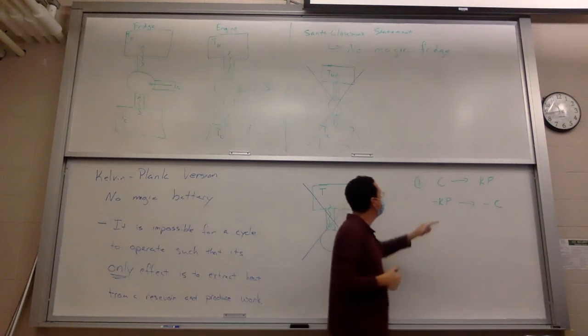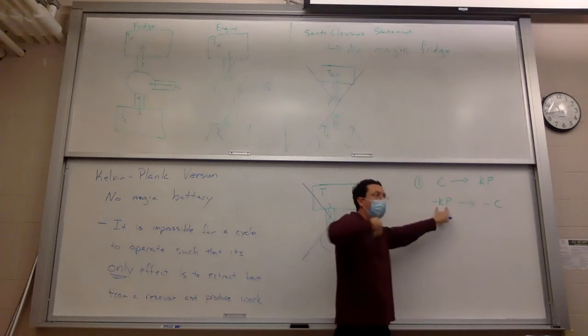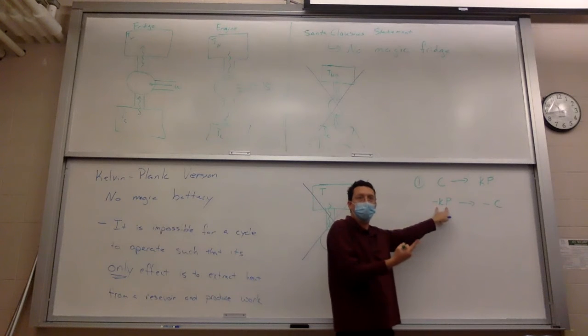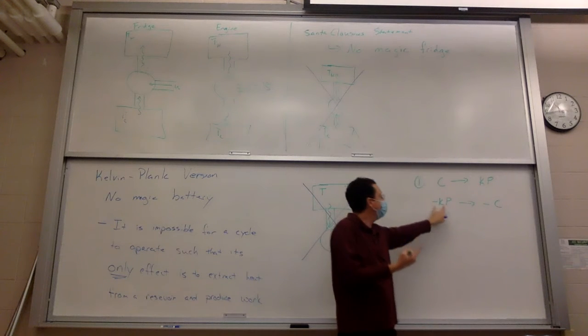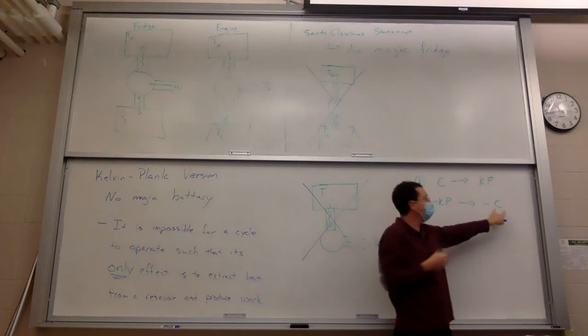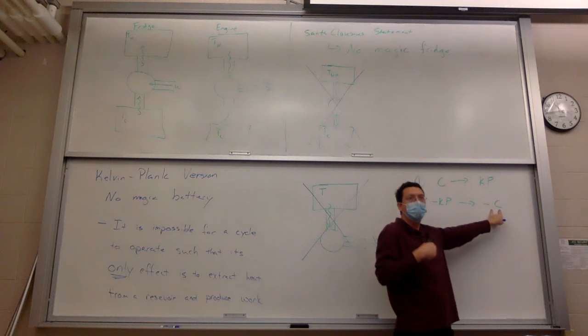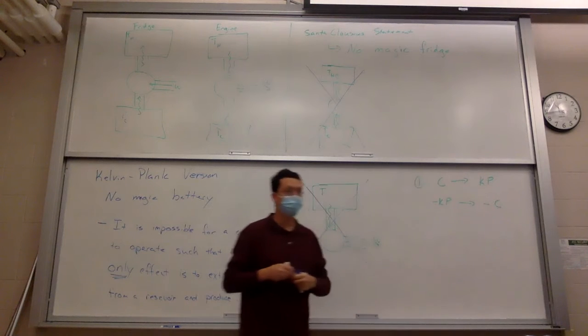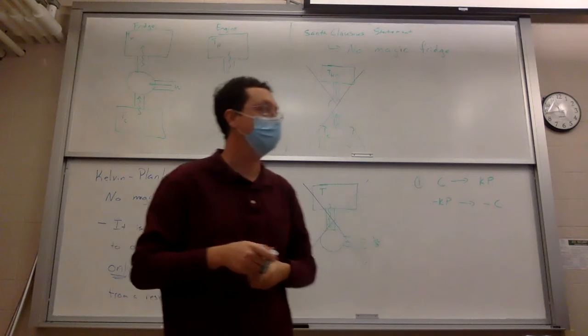So what I want you to do is assume that you are allowed to have a magic battery and use that to show that you could then produce a magic refrigerator. Let's do that one first. And then we're going to prove it the other way afterwards.